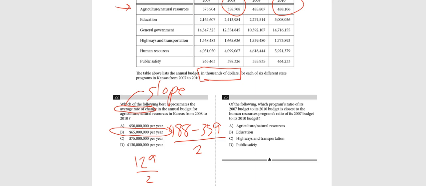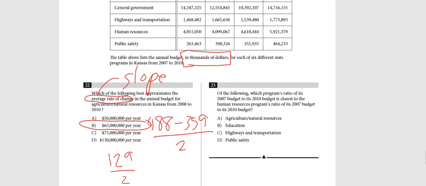And where did the 2 come from? It's the difference in the years, right? 2010 minus 2008. I'm just doing slope: difference in the y's over difference in the x's. Nothing more complicated than that.